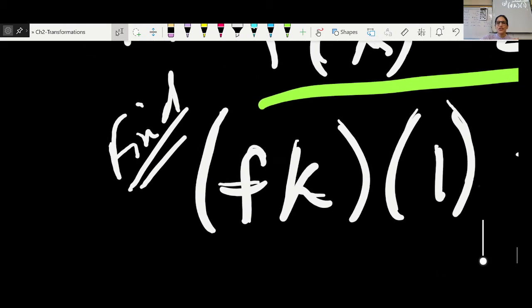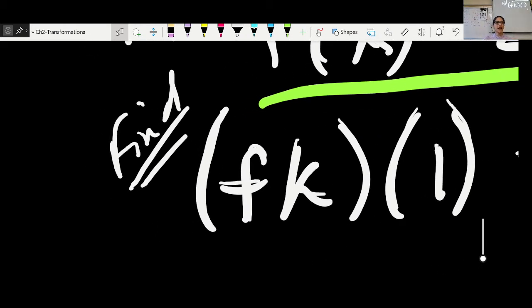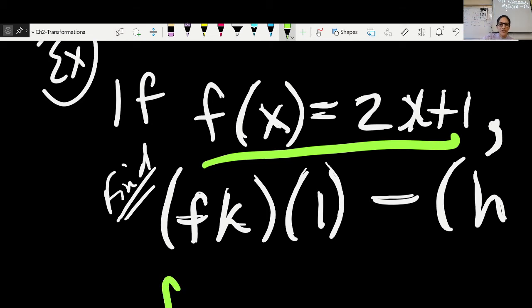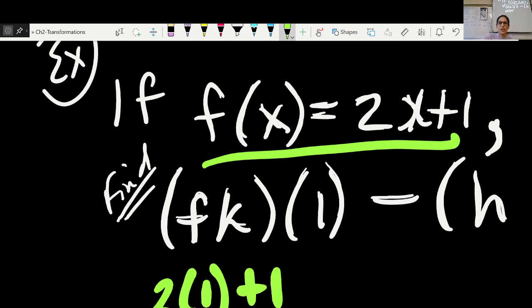Let's go to just this part, f of k of 1. I know you can't see it right now. I'll bring it back in just a moment. So our f of 1 would be, sorry, I'm going to take that away, just 2 times 1 plus 1.